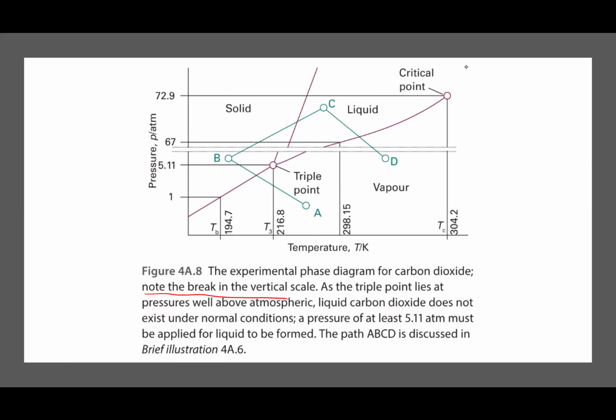In this case, one thing you will notice is that it has a triple point, which is not unreasonable: a temperature of 216.8 Kelvin, which is about negative 56 degrees Celsius, and a pressure of 5.1 atmospheres, which is not all that crazy.